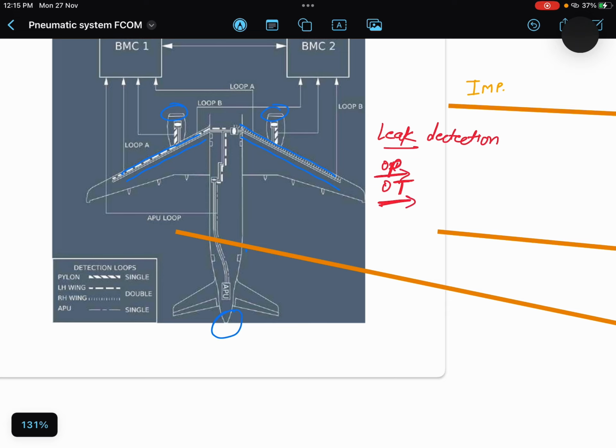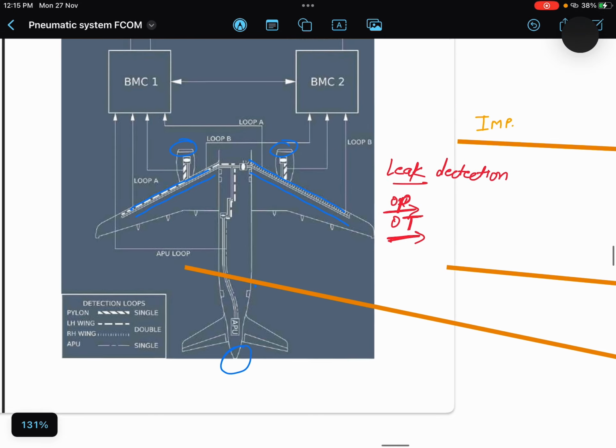There is no discussion for this. The main confusion is in the leak detection, how it is affected if any of the BMC fails. So I'll be telling you about the leak detection only.